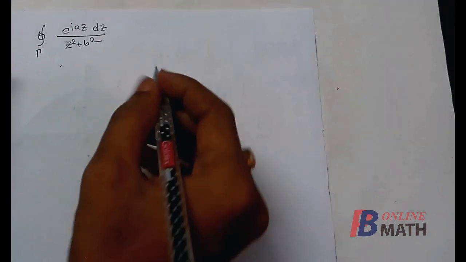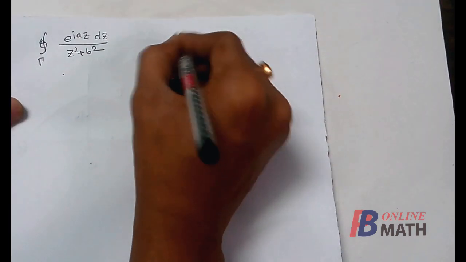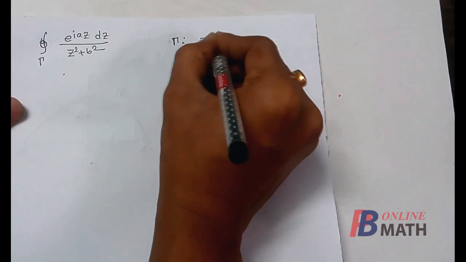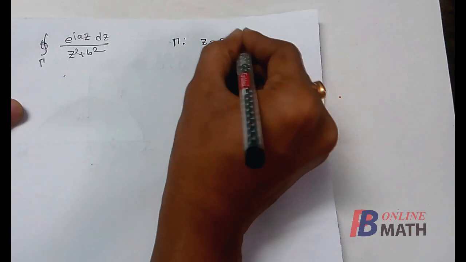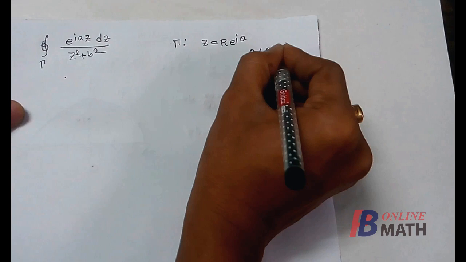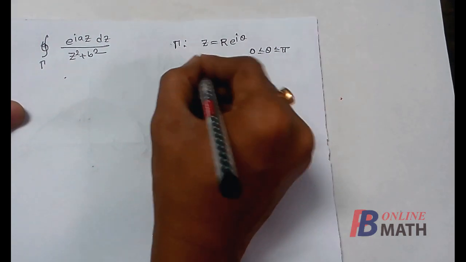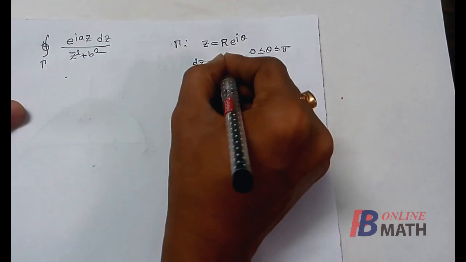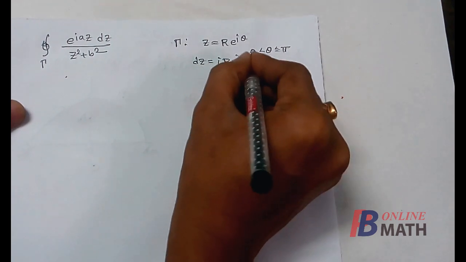So here we write the equation of the semicircle gamma, that is z equal to r e to the power i theta, theta varies from 0 to pi. So differentiating, we find dz equal to i r e to the power i theta d theta.